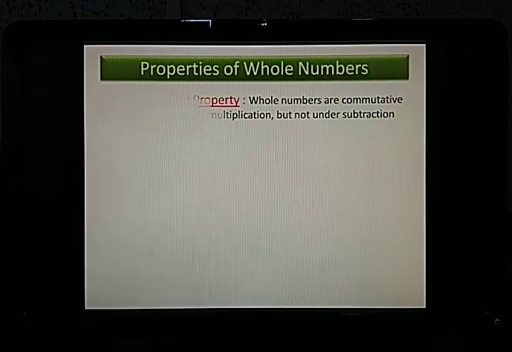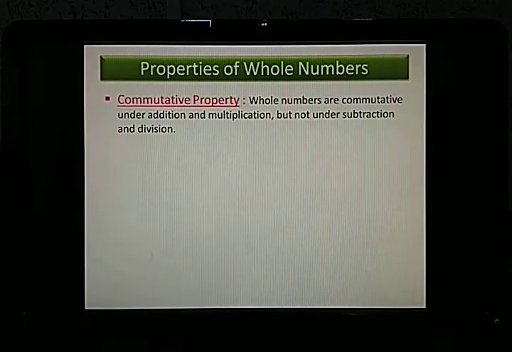Moving on, the next property is the commutative property. Here also, the commutative property is satisfied only in the case of addition and multiplication, and not in the case of subtraction and division. According to the commutative property, when we add or multiply any two whole numbers in any order, the resultant value will be a whole number.